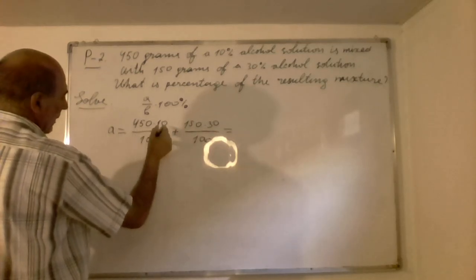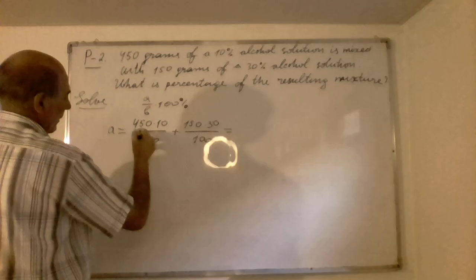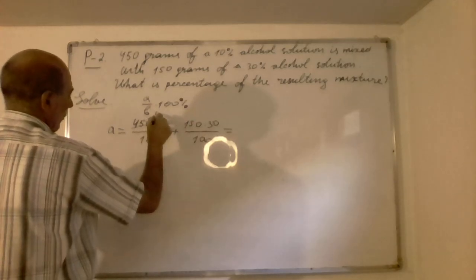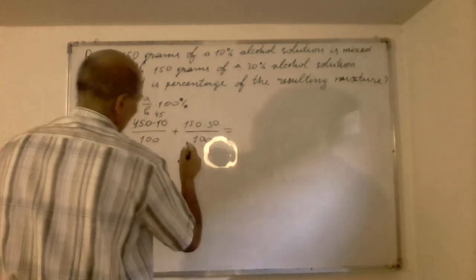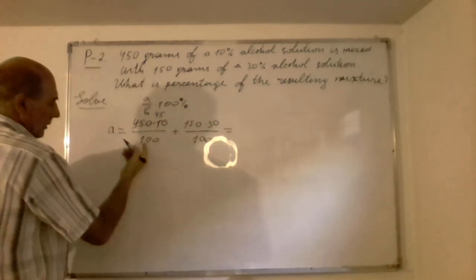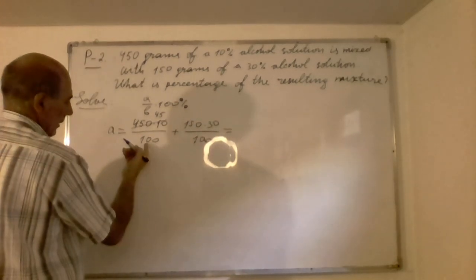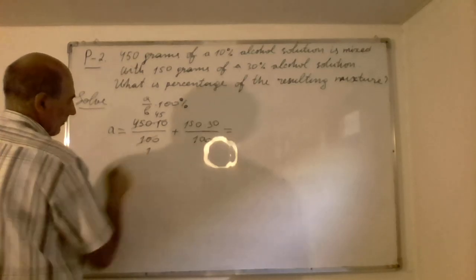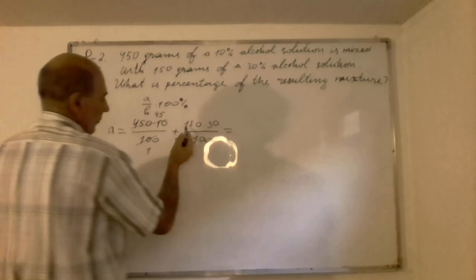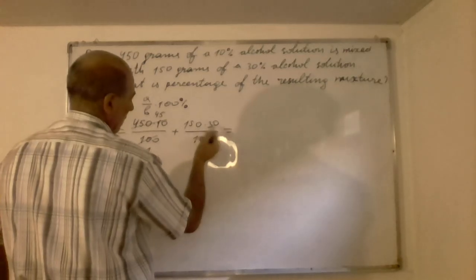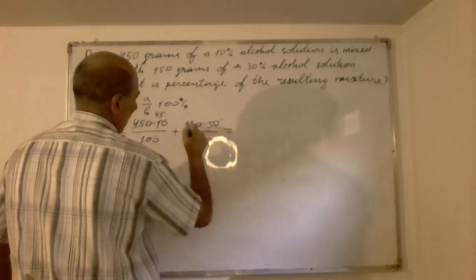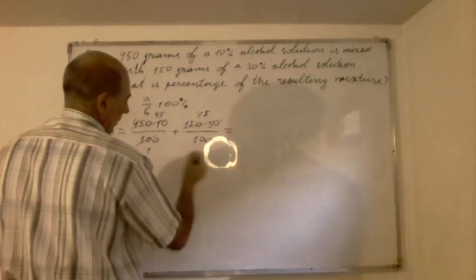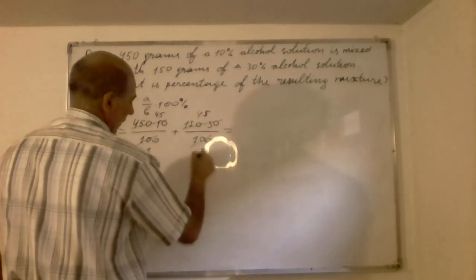450 times 10 divided by 100 is 45, and 100 divided by 100 is 1. 150 times 30 divided by 100 is 45. 100 divided by 100 is 1.